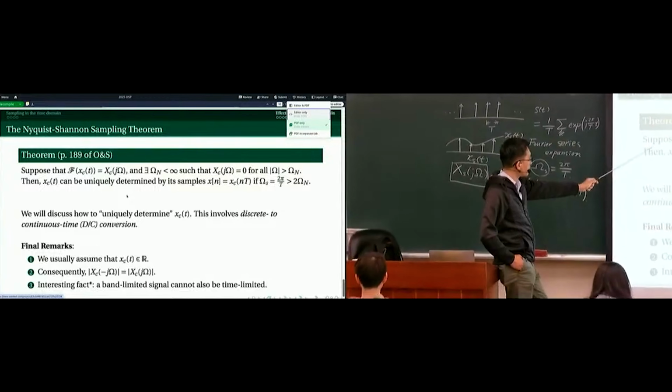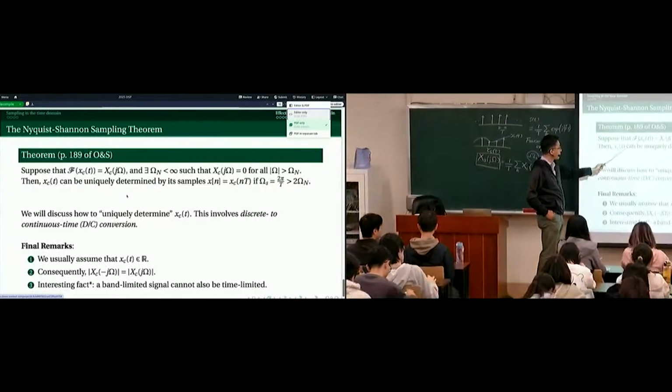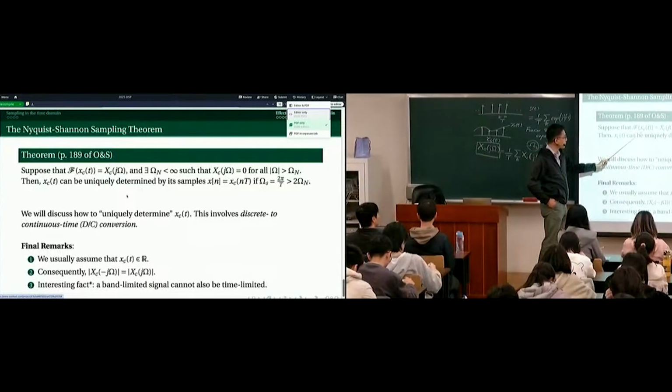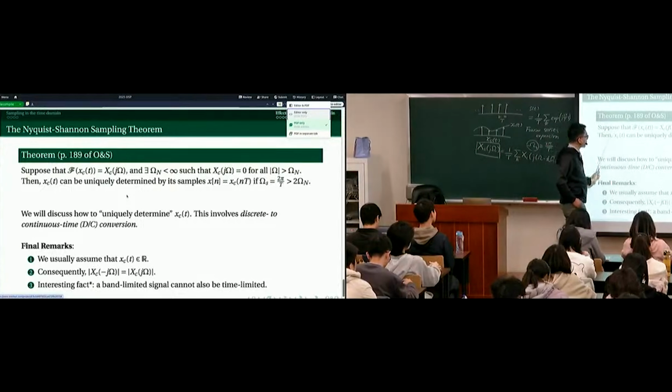Suppose that we have a signal, small x in time, and its Fourier transform is denoted as big X in frequency. Next, suppose that there exists a band limit, a finite bandwidth, such that our spectrum is all zero beyond this bandwidth.